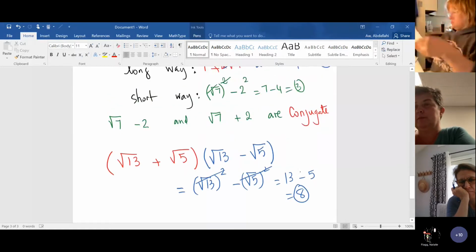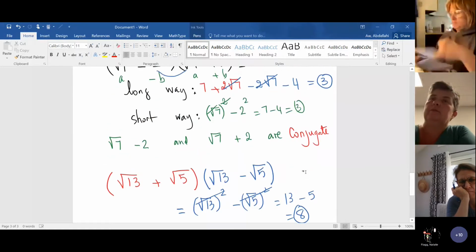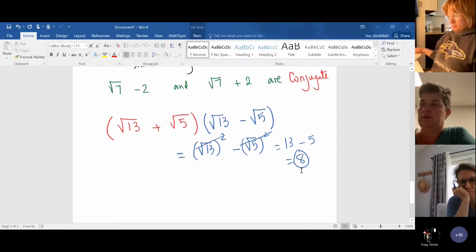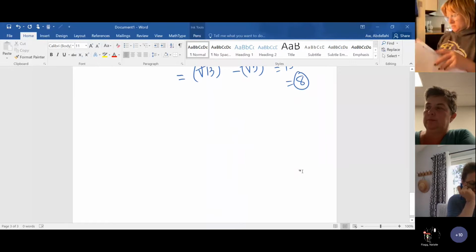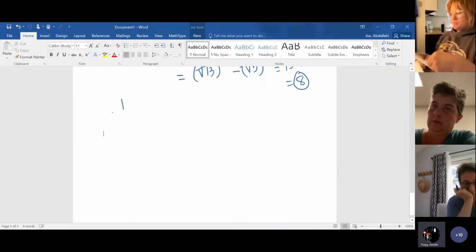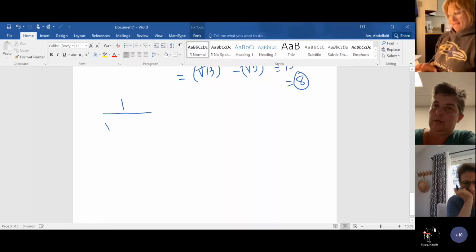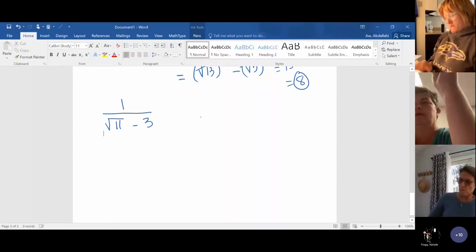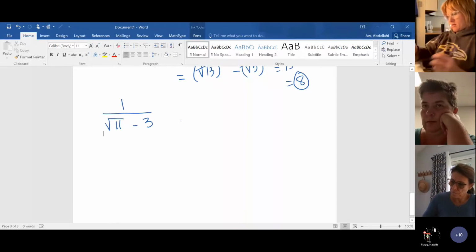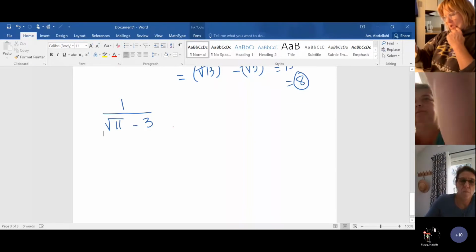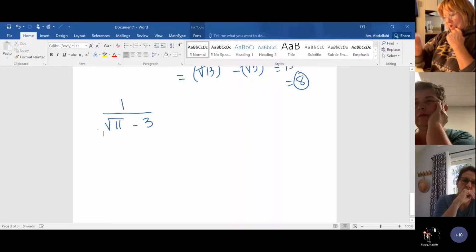So now, that's going to be our second case. If I have 1 over square root of 11 minus 3, I want to rationalize this denominator. I want to do something to remove the square root from the denominator.